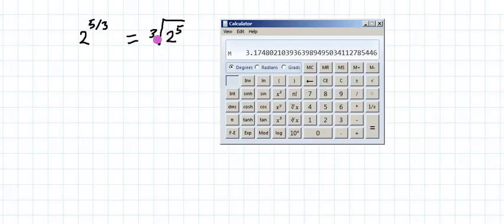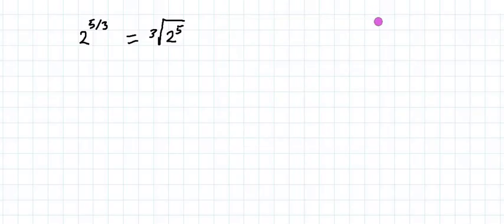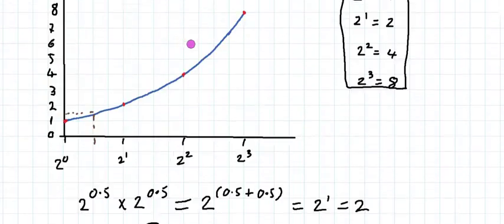Now I'll carry out the calculation the second way. 2 raised to the power of 5 gives me 32, and then I find the cube root. And this number ought to be identical to the number that's in the memory. So I'll hit the memory readout button, and nothing's changed. I'll repeat, this is not a mathematical proof, but it does demonstrate that this is one way of interpreting these fractional powers.